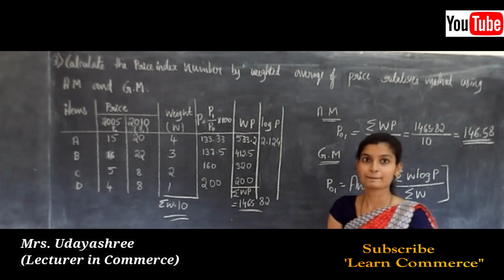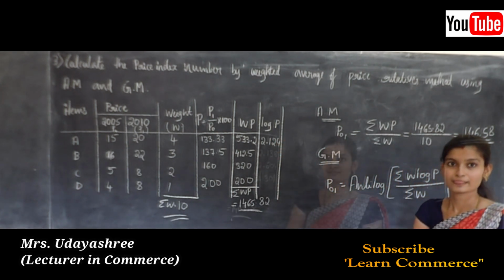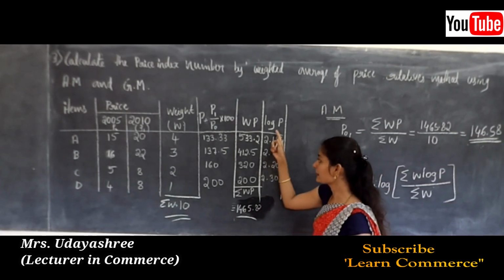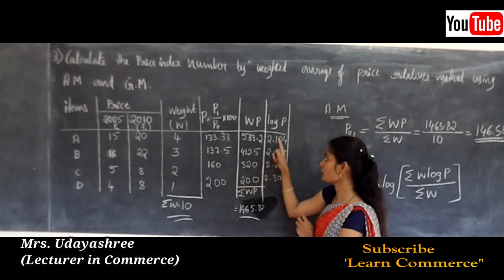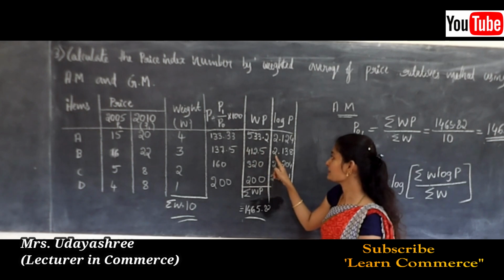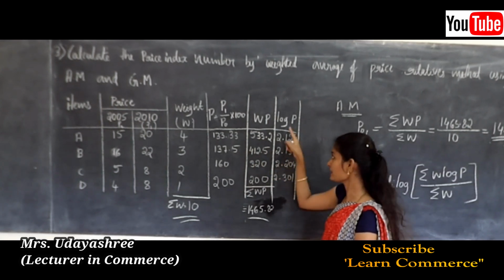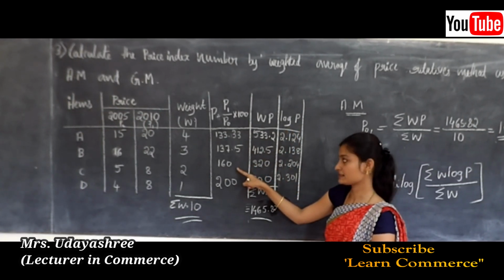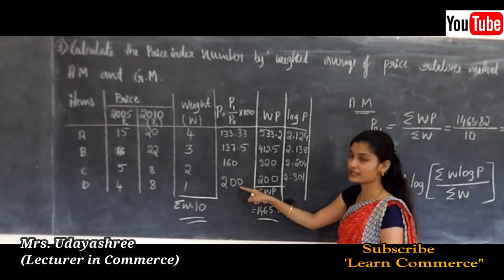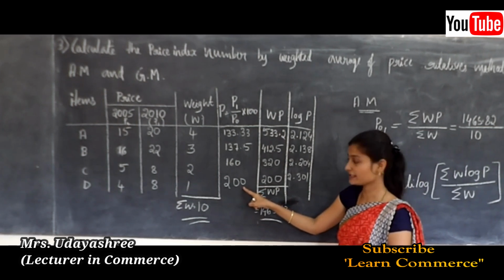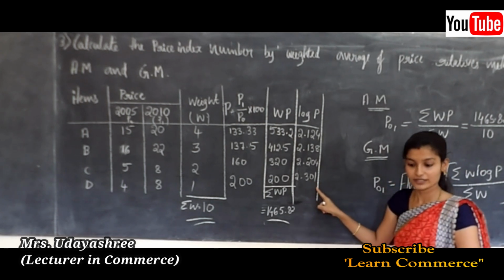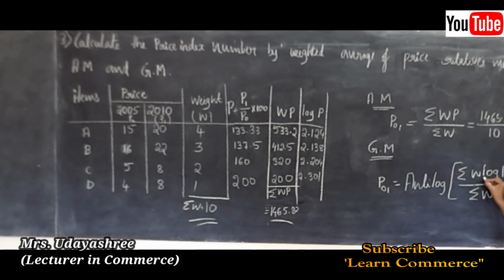Similarly, okay, next log P is log 137.5. So the log P answer is 2.138. Next log 160, the answer is 2.204. Next log P is 200. So the answer is 2.301.